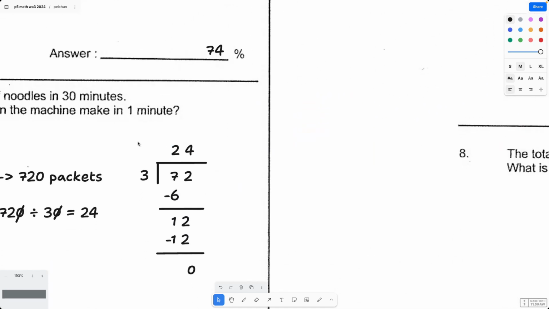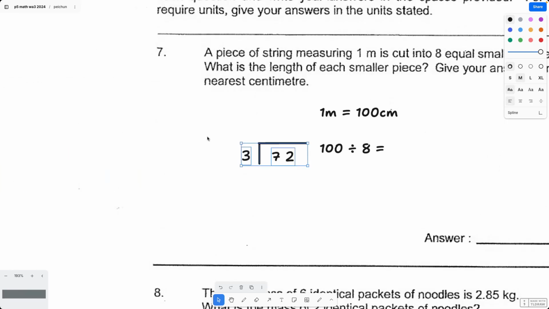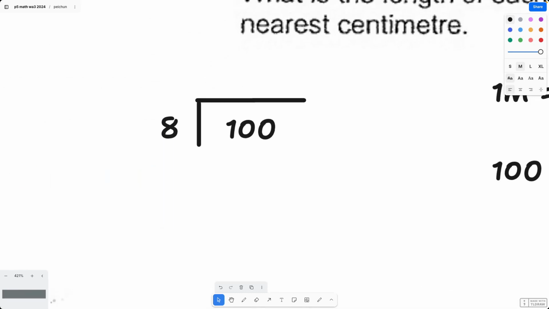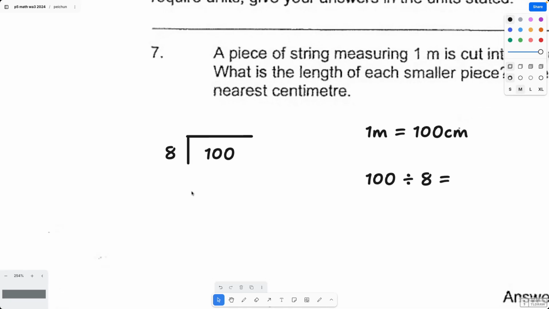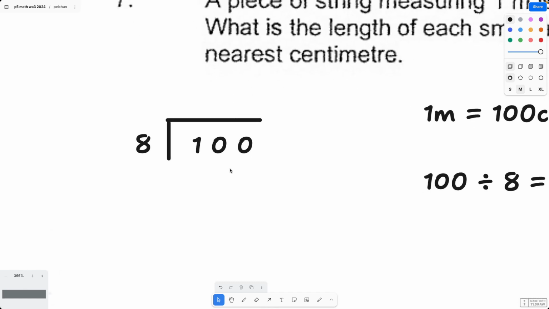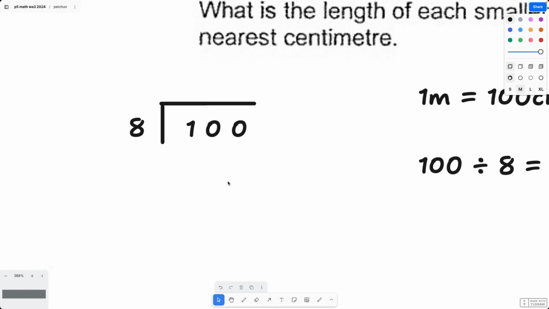Let me just copy this and paste this over here. So we have 100 divided by 8. If you've done this division of 100 divided by 8 before, you probably know the answer. But for those who don't know, we'll go through.